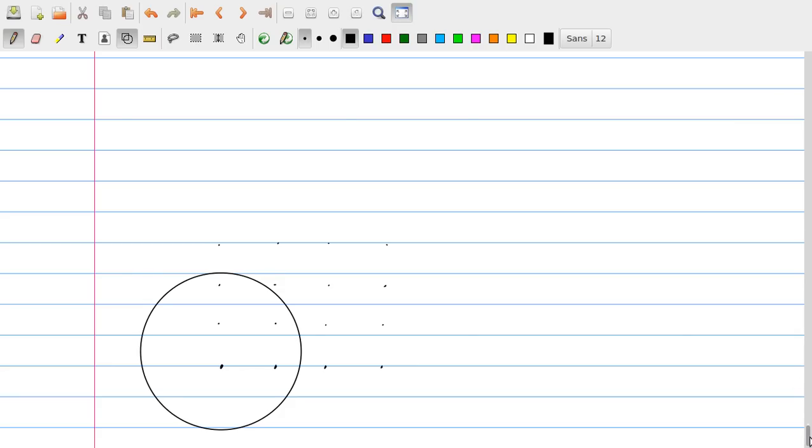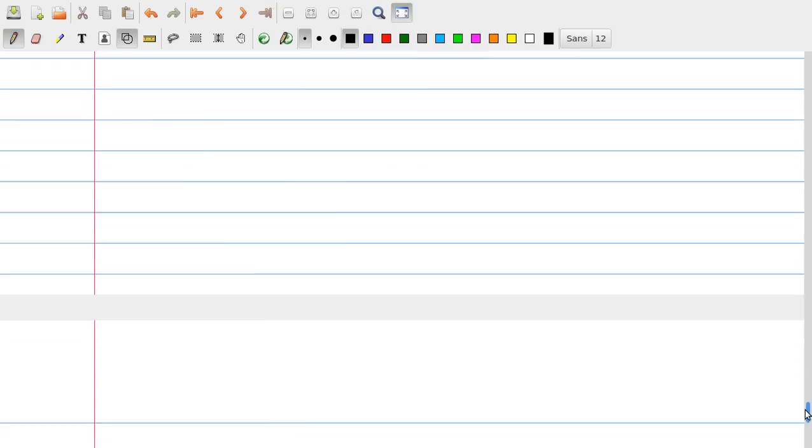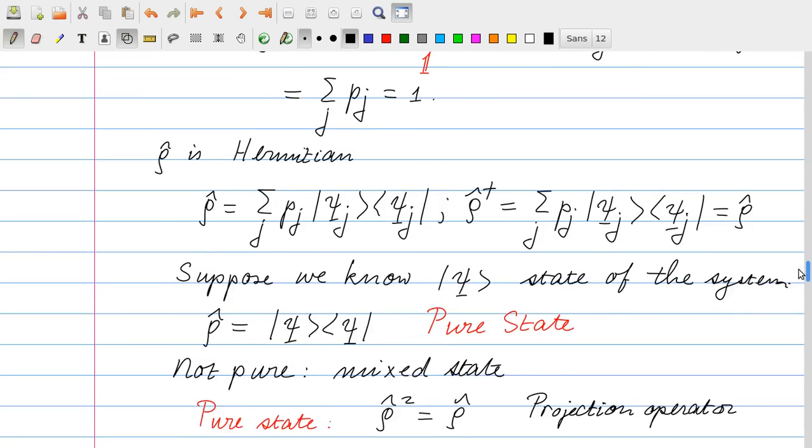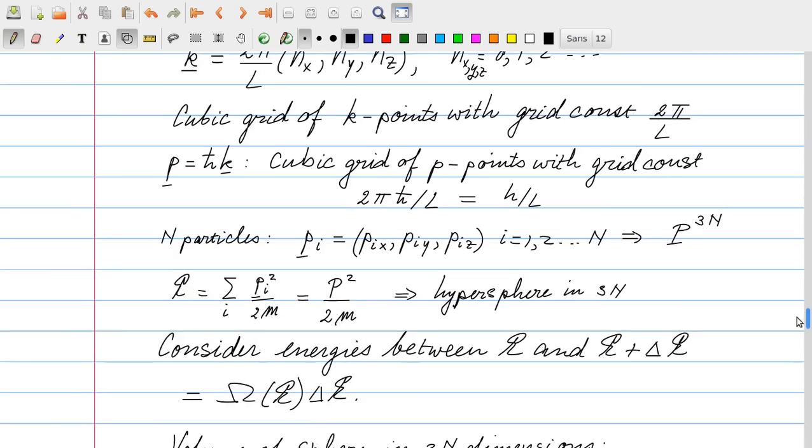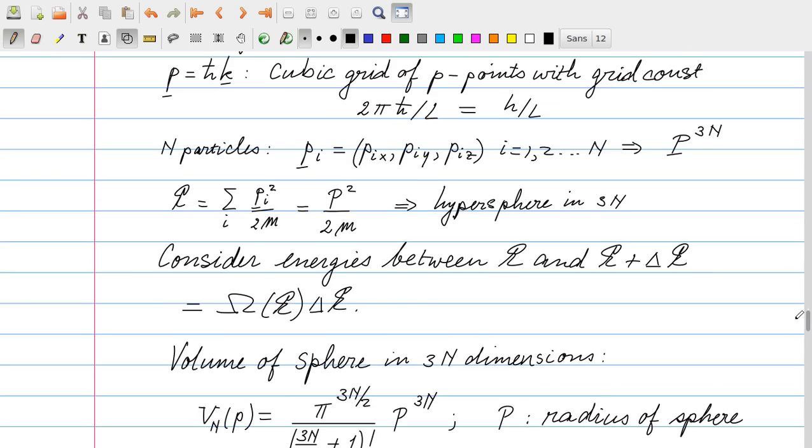In order to fix that problem, that the intersection is typically 0, we make use of the fact that the measurement accuracy is always finite, and therefore we do not consider states with energy exactly at E, but we consider them in a narrow band between E and E plus delta E. We can of course relate this spread in E, this delta E, also to a spread in P, so in the length of that vector.